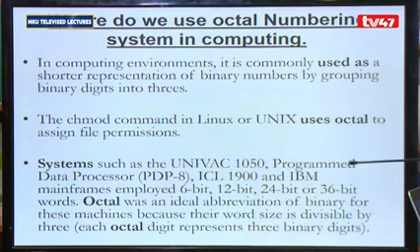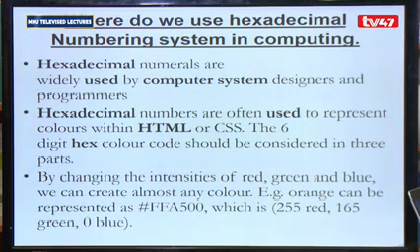And today we have a more modified version of this representation using the binary system. We also have the hexadecimal system. Where do we use them? The hexadecimal system is used in computer system design alongside programming.